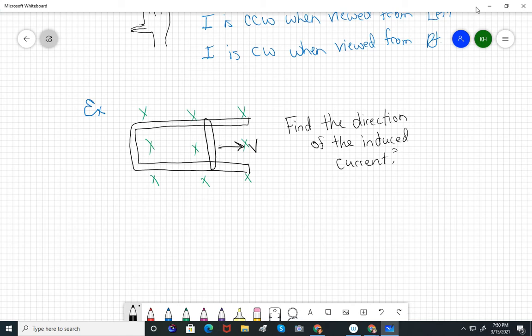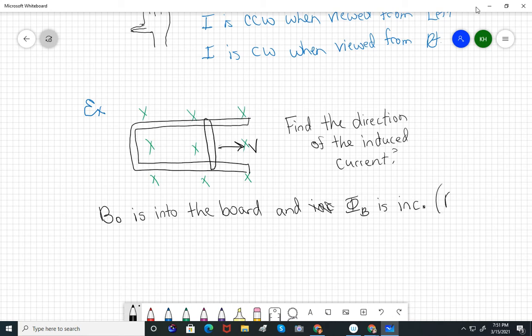So if we pull that rod to the right, here's what we know. The original magnetic field is into the board, and increasing. Why is it increasing? The magnetic field is not increasing, but the flux is increasing. So maybe I should be careful there. Why is the flux increasing?